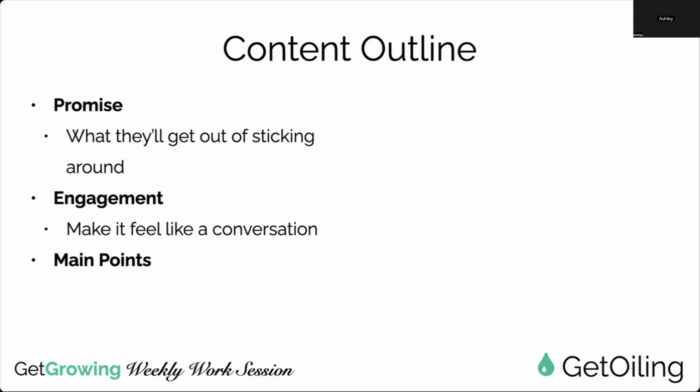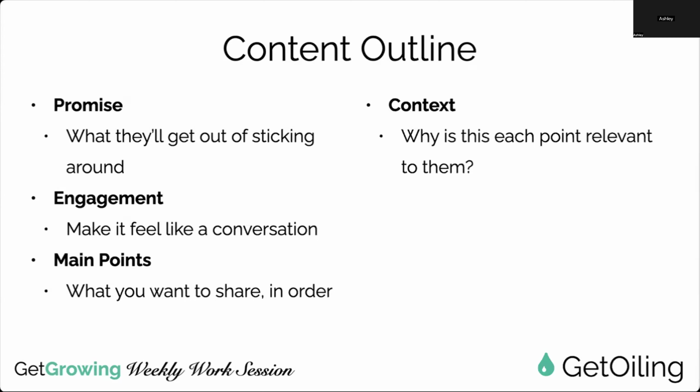Then, of course, you need to have your main points, what it is you're going to talk about in the order you plan to talk about it. And then you want to also make sure, and this can be kind of peppered in with the main points, you want to give context. Why is this point relevant to this person? So, for instance, if you are talking about fatigue and how moms in their 30s experience it, then you might talk about how this impacts her.